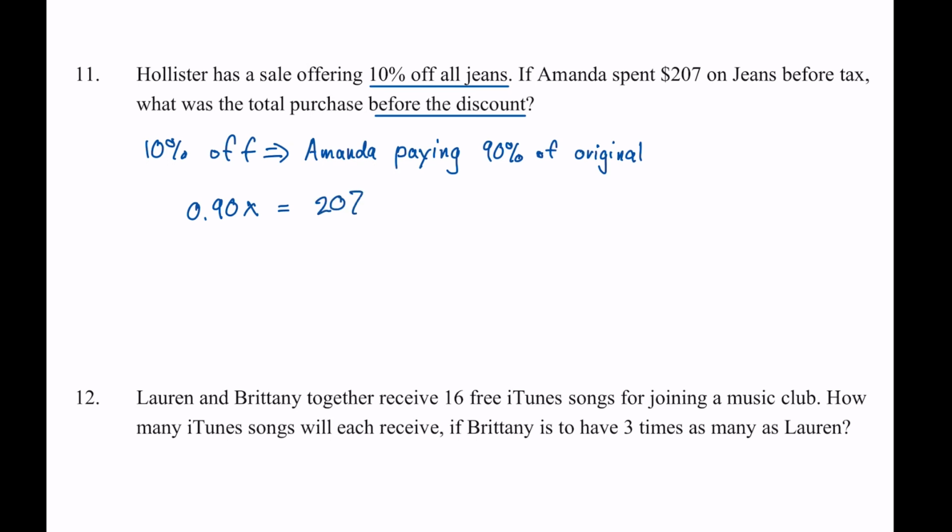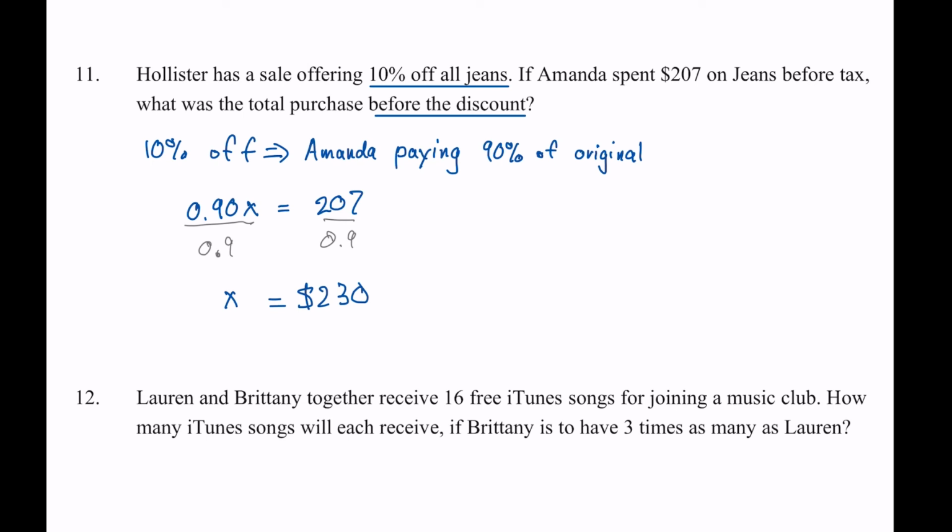Then you just divide both sides by 0.9, and you would find that x is equal to $230. That was that translation I made at the top, Amanda paying 90% of the original.